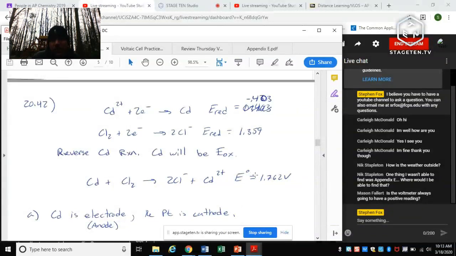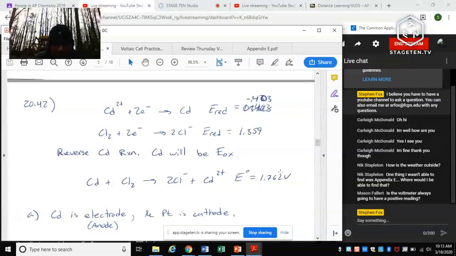So the positive voltage value is telling you the spontaneous one. So if I mix these two reactants together, cadmium and chlorine, that positive voltage is telling me that reaction will happen. If I were to mix cadmium ions and chloride ions together, the reverse reaction won't happen spontaneously. I'd have to add in some electricity.